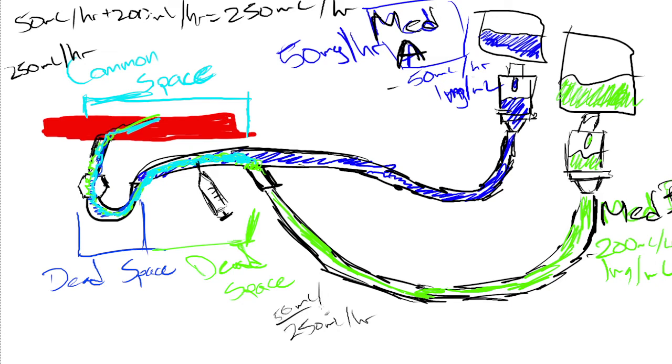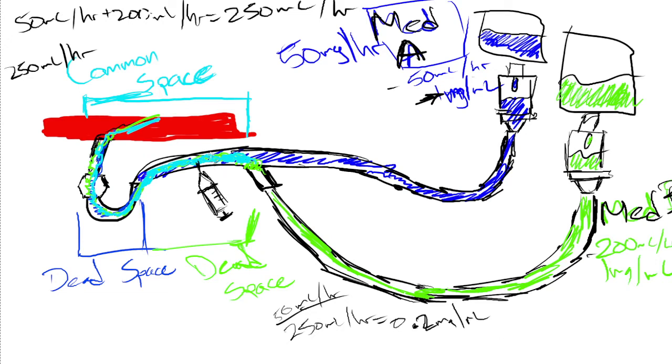So 50 mLs per hour of this 250 solution is 20%, or 0.2. So 20% of our original dosage, which is 1 milligram per ml in this case, would come to 0.2 milligrams per ml. That is the dilution if we pulled this medication.